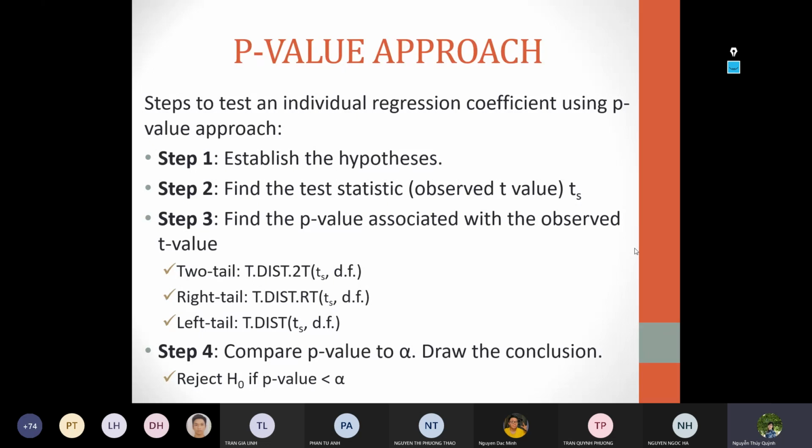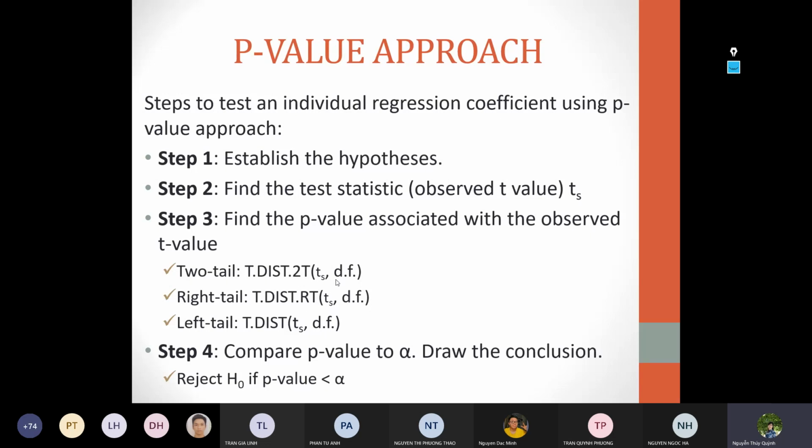For two-tail, please use T.DIST.2T. For right tail, you use T.DIST.RT, and for left tail we will use T.DIST. In the parentheses you have to provide the TS, the observed value of T, and the degrees of freedom of the distribution.